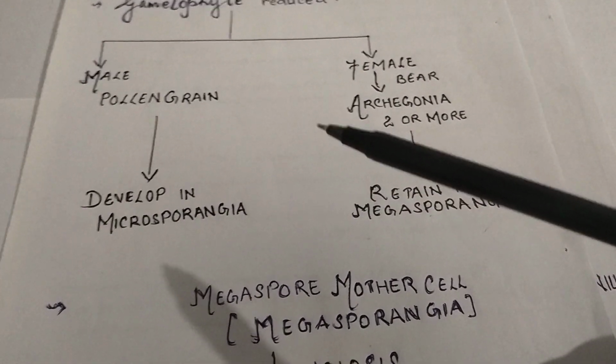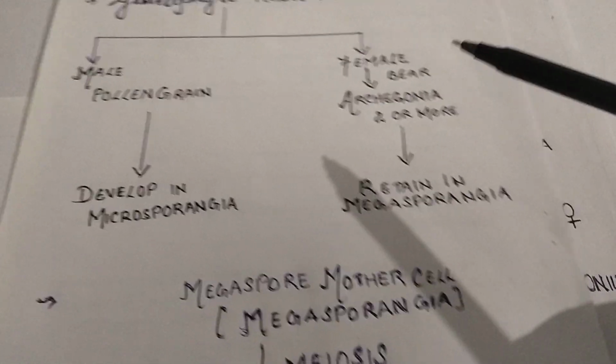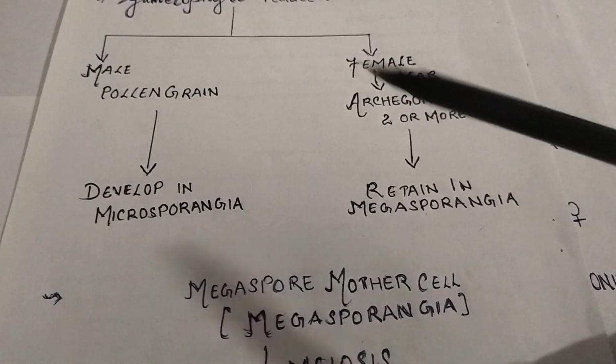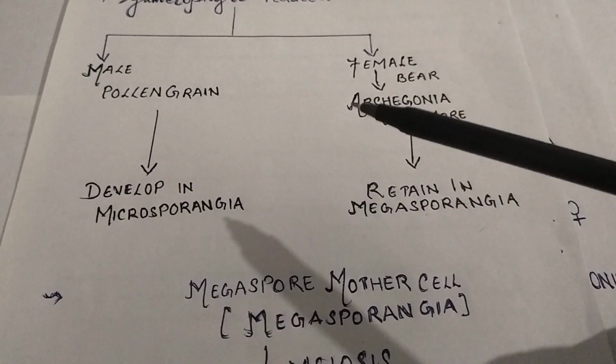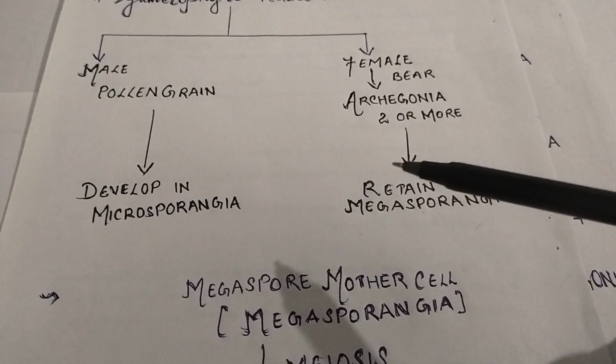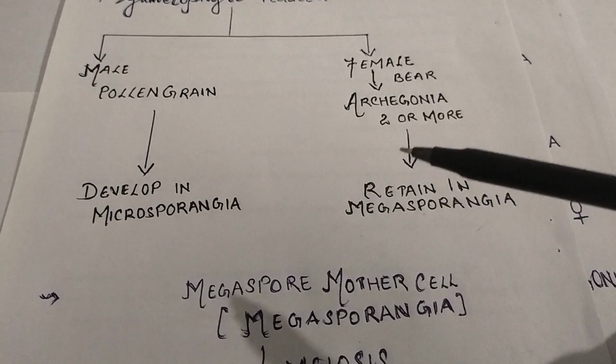If you remember all our plant groups, algae, bryophyte, pteridophyte, you will see that initially the main plant body was the gametophyte, and the sporophyte was very much reduced, only limited to the formation of spores. Then gradually there was a small phase of sporophyte.